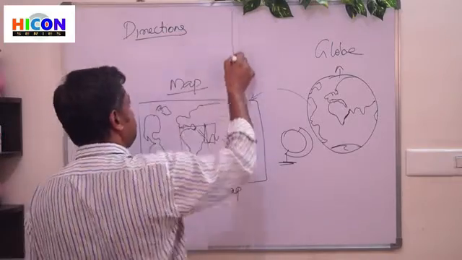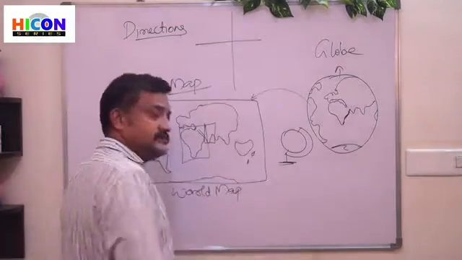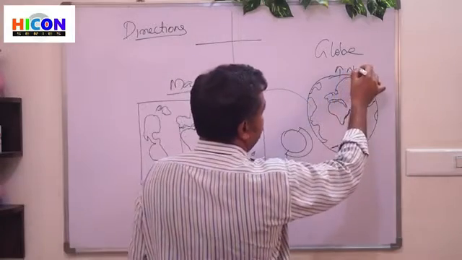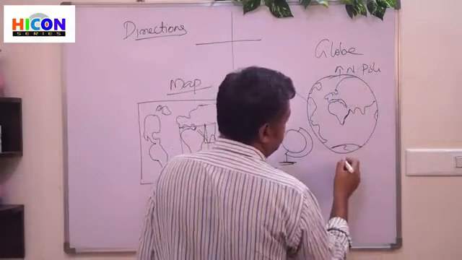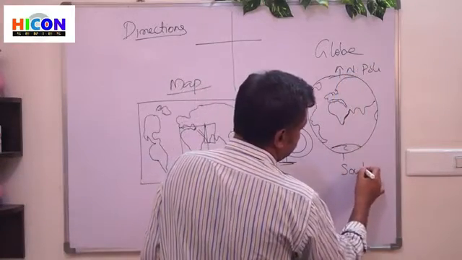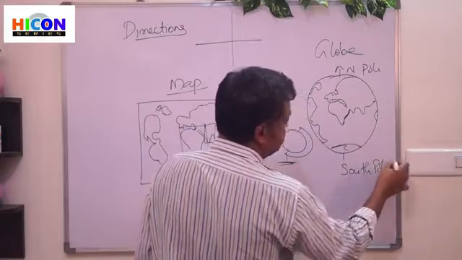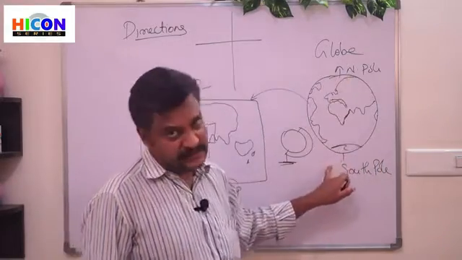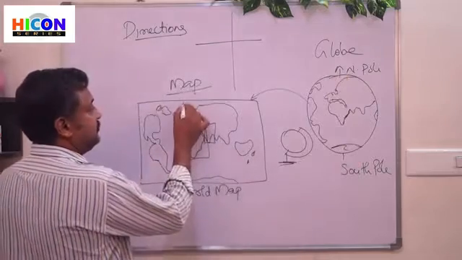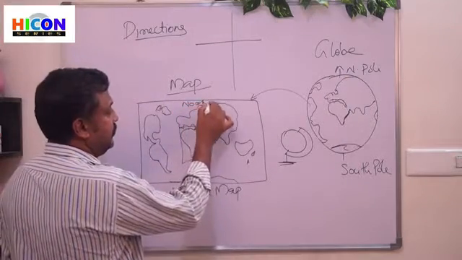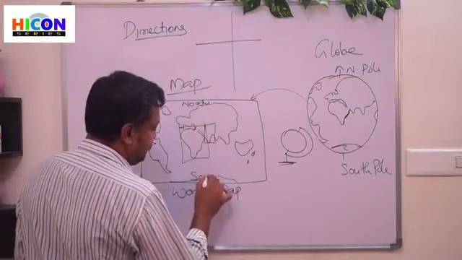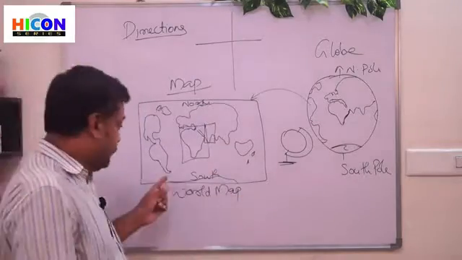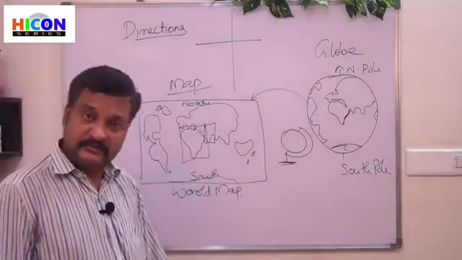So what are the directions? There are 4 directions. Here we have a North Pole, South Pole, isn't it? On the globe, on the earth, we have the North Pole and South Pole. So this part of the map is north, this is south. We know Antarctica is in the south, and the Southern Ocean is there.